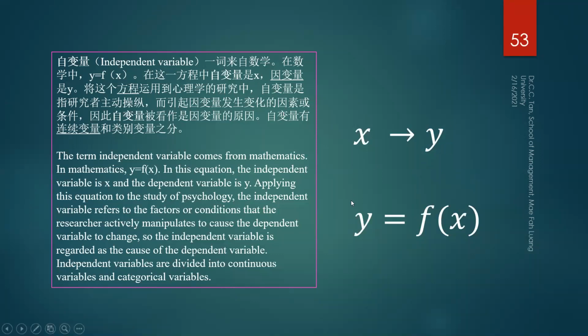And so we are basically talking about two types of variable. One is this variable x and another variable y, or many other variables, and we want to see their relationship.